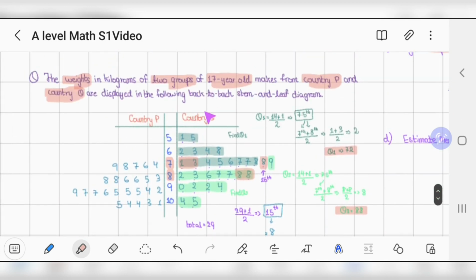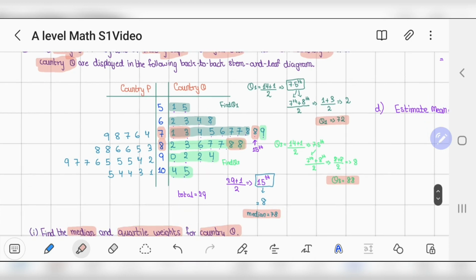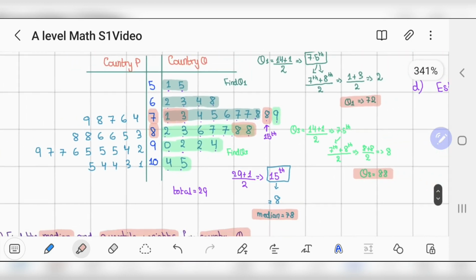So this is country Q, and first of all you're going to take the whole data set and count how many there are: 1 2 3 4 5 6 7 8 9 10 11 12 13 14 15 16 17 18 19 20 21 22 23 24. There are 29 in total. So 29 plus 1 upon 2 is the 15th. This is the 15th. Now we got Q2. Now we need to find Q1 and Q3.